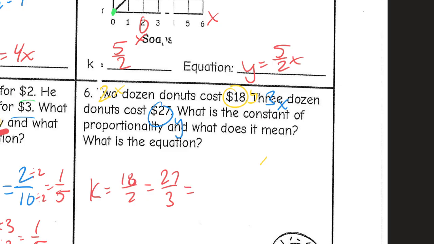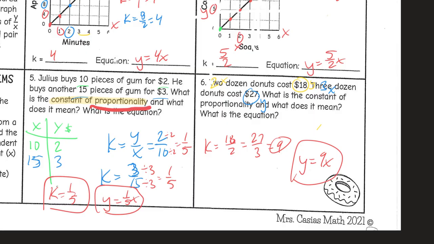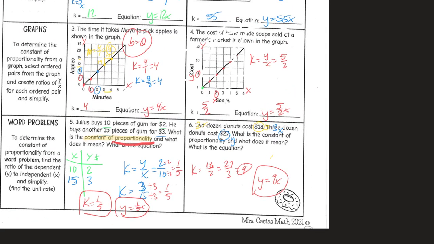Regardless, both of those fractions are just 9. So the equation would be Y equals 9x, because K was 9. That means it's $9 a dozen. Okay, $9 a dozen. All right.